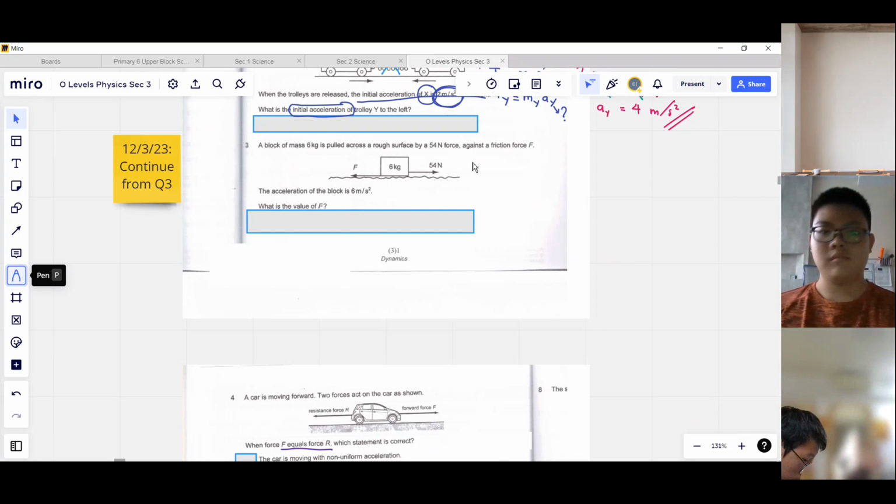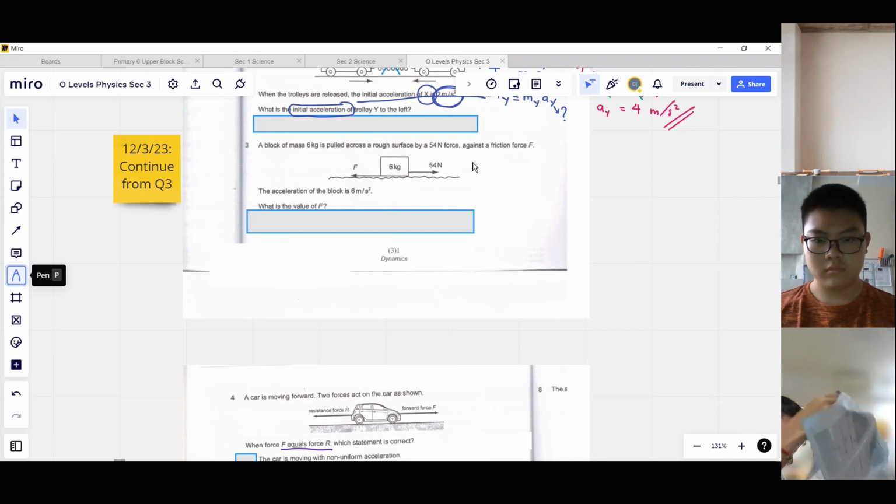The rest, no problem. Anything in particular that you can't understand? Like they're in opposite directions, so I'm confused. Okay, let's look at this. This equals that.